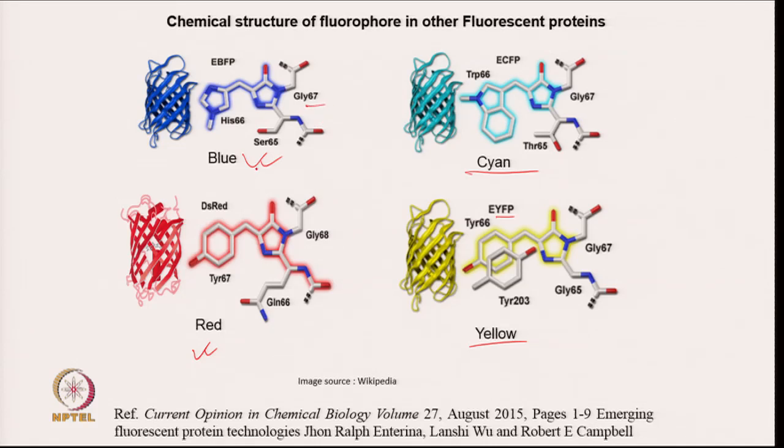This is glycine 67, histidine 66, serine 65. If you see here, threonine 65, glycine 67 and tryptophan 66 give you CFP; glutamine 66, tyrosine 67 and glycine 68 give you DsRed; and glycine 65, tyrosine 66 and glycine 67 give you YFP.